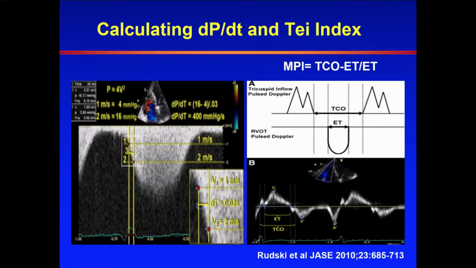A value here that exceeds 0.54 is indicative of RV disease, similar to the conventional isovolumic relaxation time that you get by pulse wave Doppler. The isovolumic relaxation time by tissue Doppler is also affected by right atrial pressure. A high right atrial pressure will shorten this time interval.